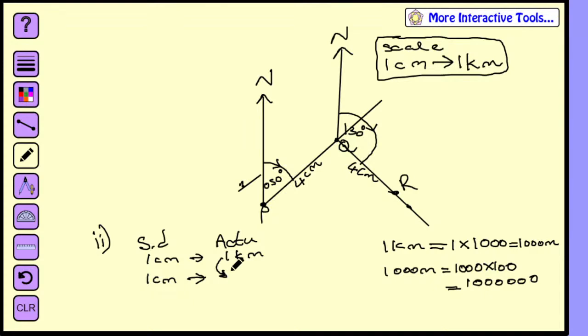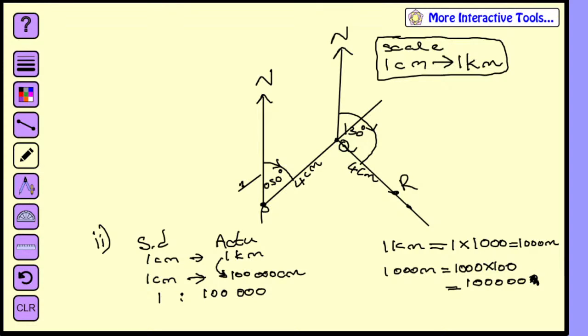So 1 cm represents 100,000 centimeters; I used an extra zero there, sorry. So now you can write it as a ratio. What is the ratio? 1 is to 100,000 is the scale in the form of a ratio.